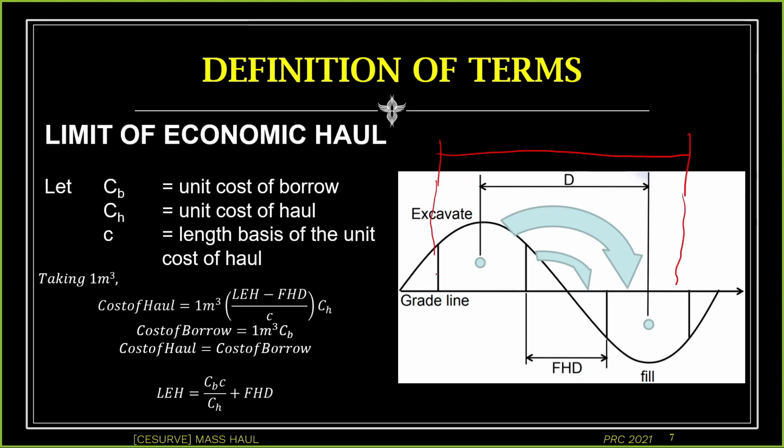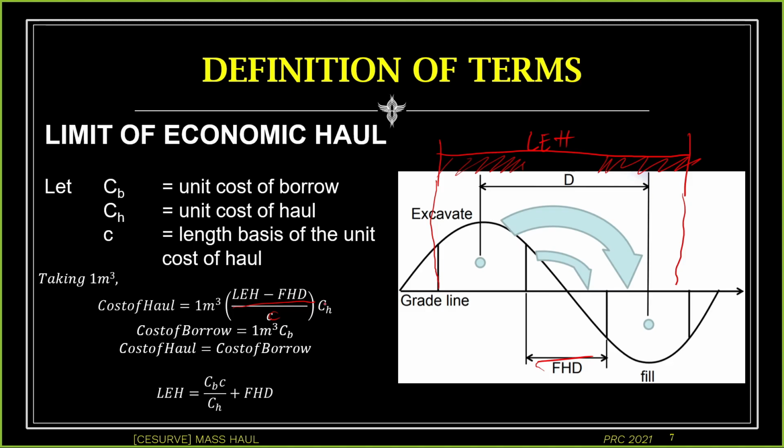Right? Limit of economic haul, LEH, minus FHD, because this is the portion we pay for, the hauling part, the portion we consider as volume, divided by C, multiplied by C sub H, the unit cost of haul. Again, C is the length basis of the unit cost of haul.